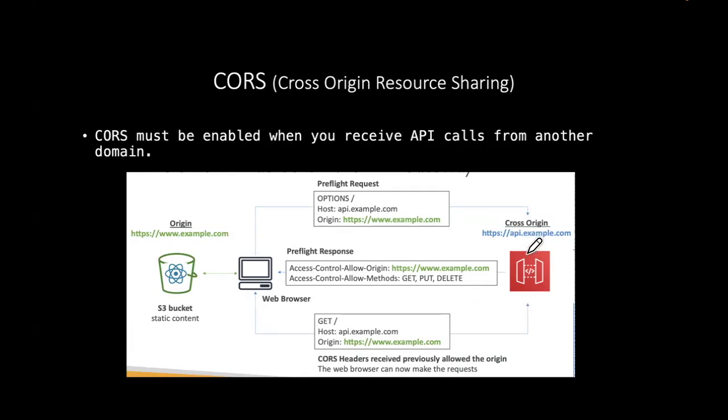And just a quick reminder, what's CORS all about? So your web API is going to have a domain name associated with it. Now, you can actually customize the domain name, but if you don't want to do that, then there is a domain name generated by the API gateway service itself for your web API.